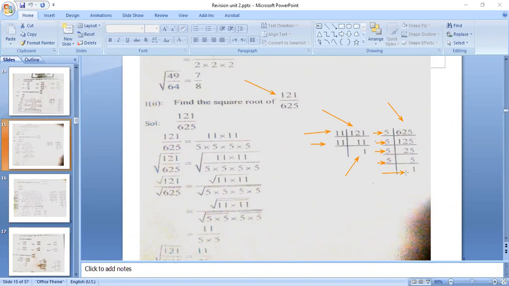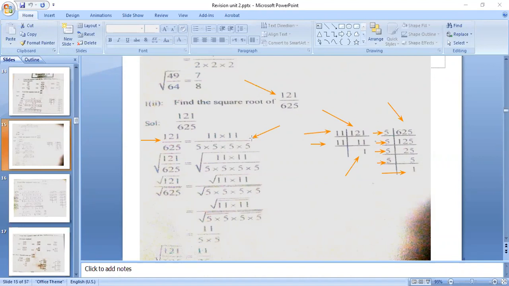In this way, these are the factors. Now we write these prime factors. For 121 it is 11 into 11, and for 625 it is 5 into 5 into 5 into 5.